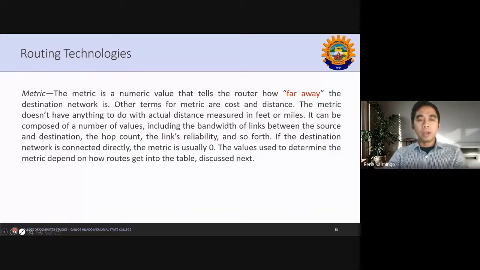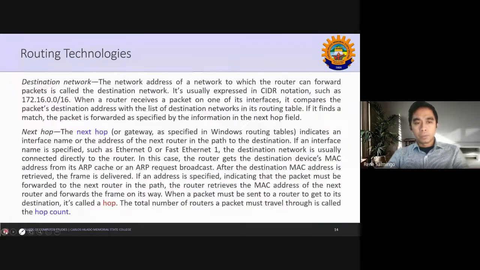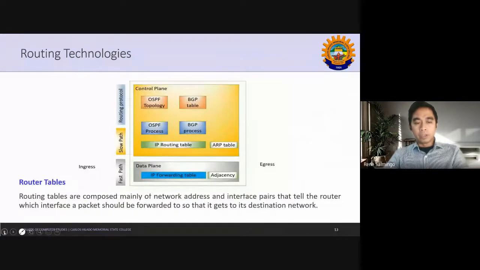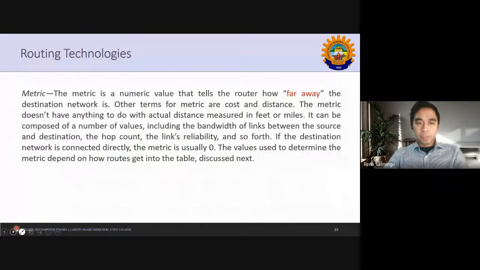So another step in your router table is your metric. The numerical value tells how far away the network is, or its distance. In other terms, the metrics are cost and distance.